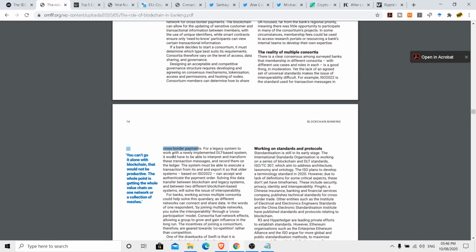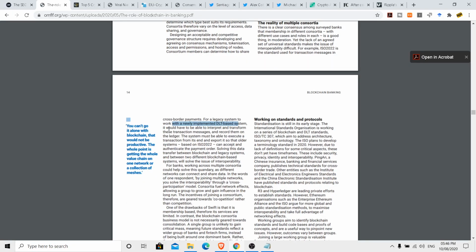For a legacy system to work with a newly implemented DLT system, now you know which DLT they are talking about, right? So there is no confusion. It would have to be able to interpret, transform these transaction messages and record them on a ledger. The system must be able to execute a transaction from its end and export it so that the older system based on ISO 20022 can accept it.